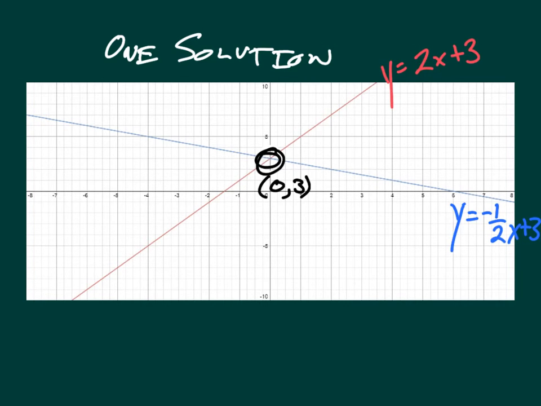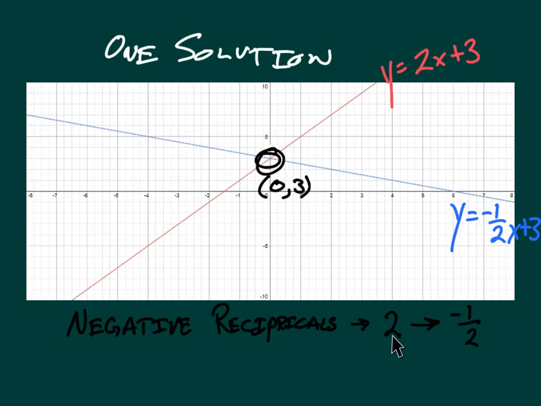But something more unique in this is you see a special relationship start happening with the slopes. The slopes are what we call negative reciprocals, and I'll write that down for you, and that means opposite flip. If we had 2 as our slope, then the negative reciprocal of that would be negative 1/2, because that 2 has a denominator of 1.